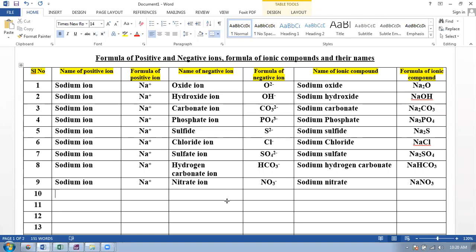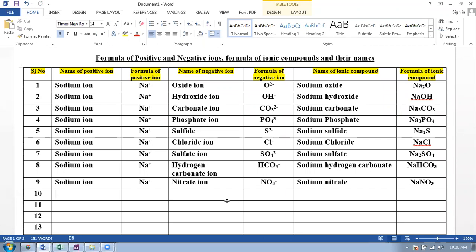If I add one more negative ion, then there would be 10 formulas regarding sodium ion. What can we add more? Nitrate, phosphate, hydrogen carbonate, hydroxide, chloride, bromide. Bromide we can add, it's a common one.